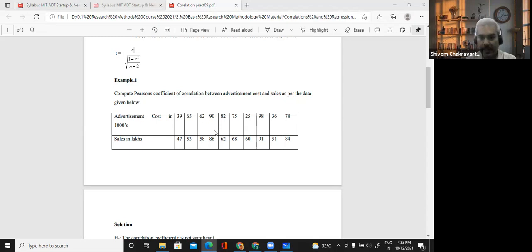So I hope you have noted down these sets of data, 10 data points for each of the variables. Now find the correlation between these two variables. Again, let me repeat, we are finding correlation. We are trying to find out how these data are varying together. But that in no way means that one is causing the other.